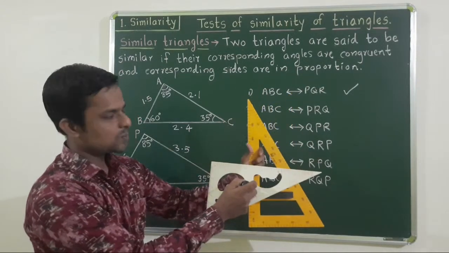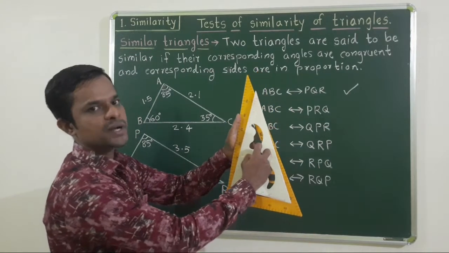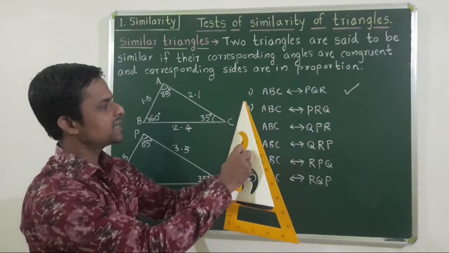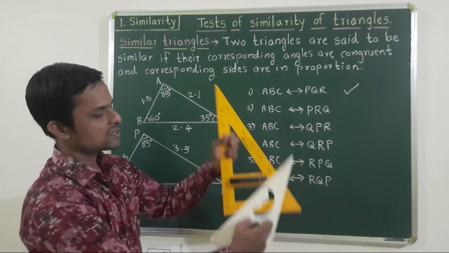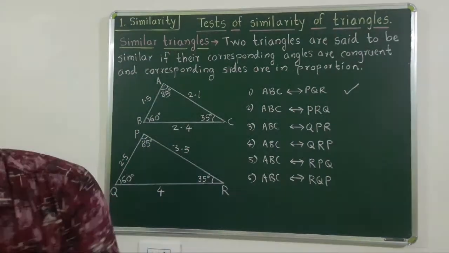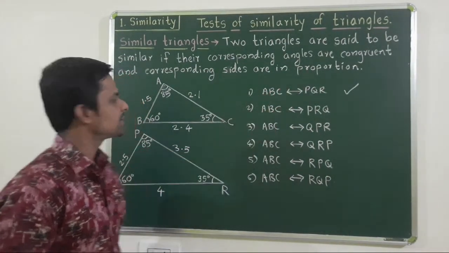Means for this correspondence these two triangles are not similar, but for this correspondence these two triangles are similar. This is correspondence between vertices, means A corresponds to P, B corresponds to Q and C corresponds to R. For similarity, this correspondence is very important.